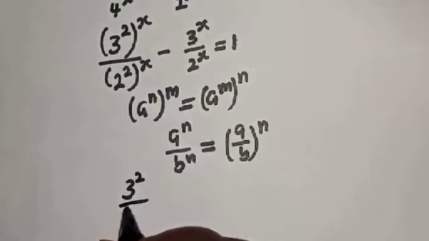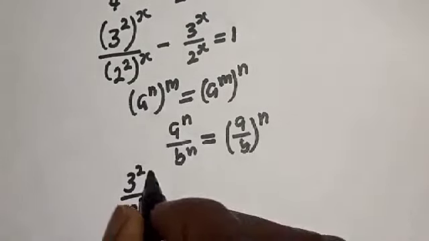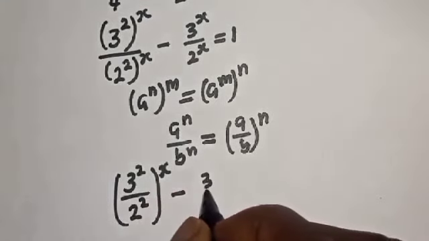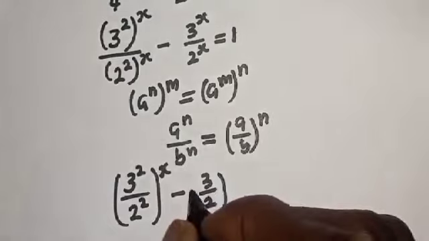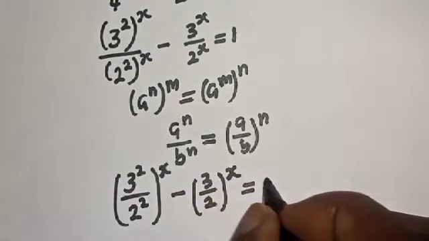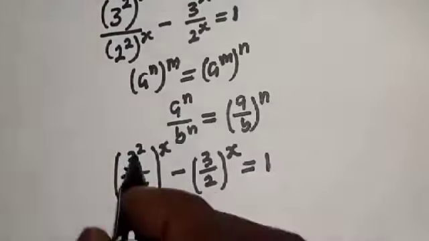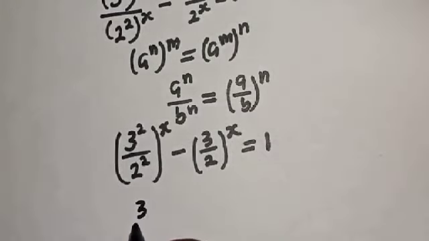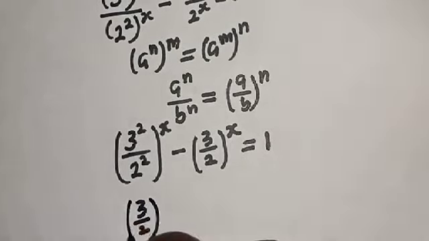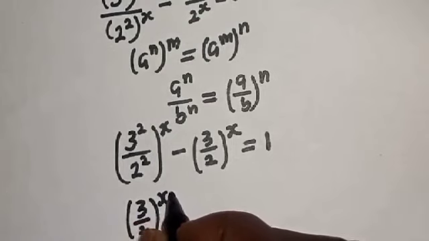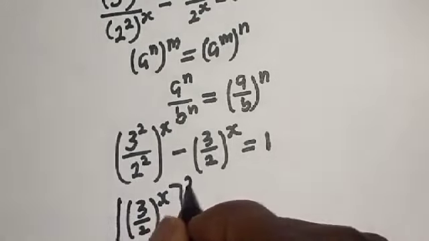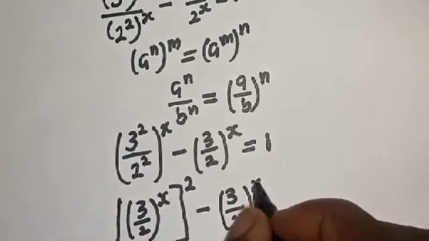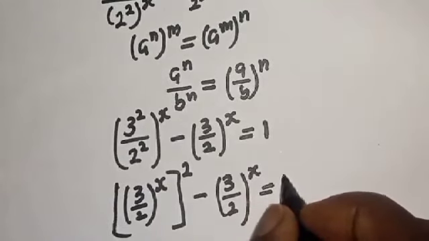3 squared over 2 squared all raised to power x minus 3 over 2 all raised to power x is equal to 1. Then from this rule we have 3 over 2 all raised to power x all squared minus 3 over 2 all raised to power x is equal to 1.